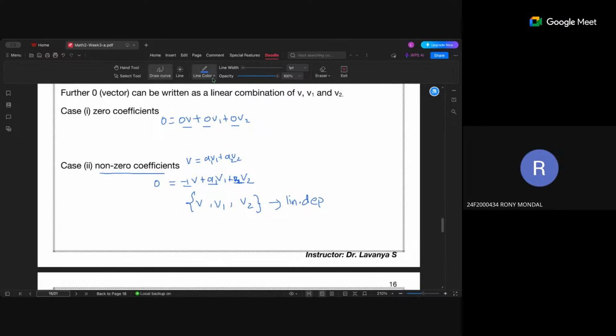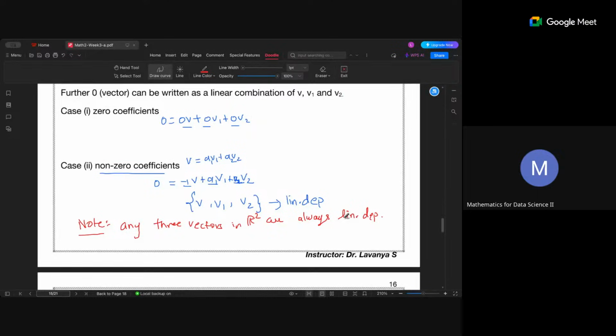In general, you can figure out that any three vectors in R2 are always linearly dependent. This you can check because just two vectors are sufficient to span the entire plane.